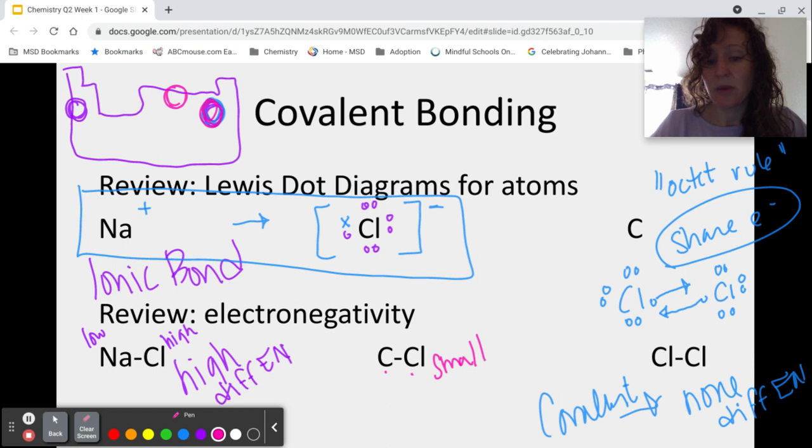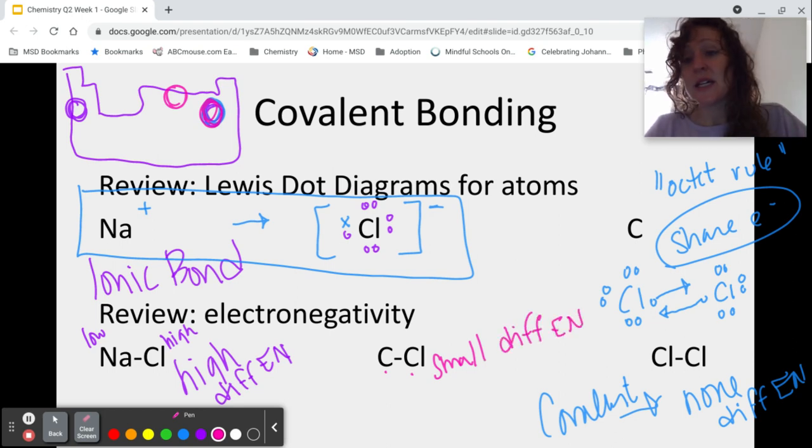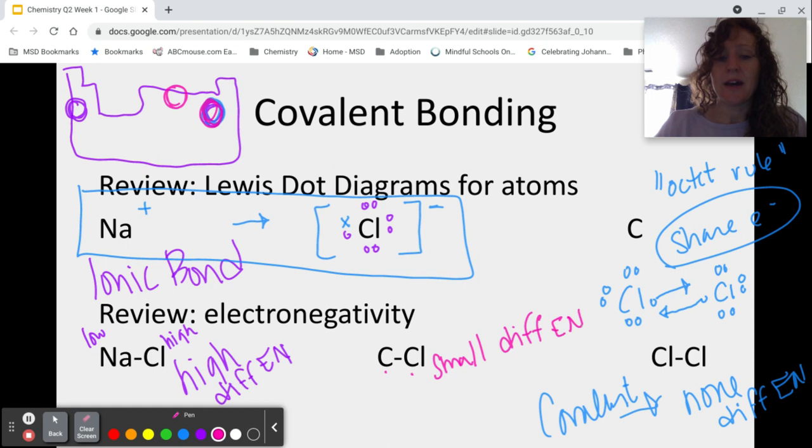They will have a small difference in electronegativity. So the question is, how small is it? Is it big enough so that one can steal the electrons from the other, or is it small enough where they can't steal electrons from one another? So this is actually kind of an interesting case with carbon and chlorine.